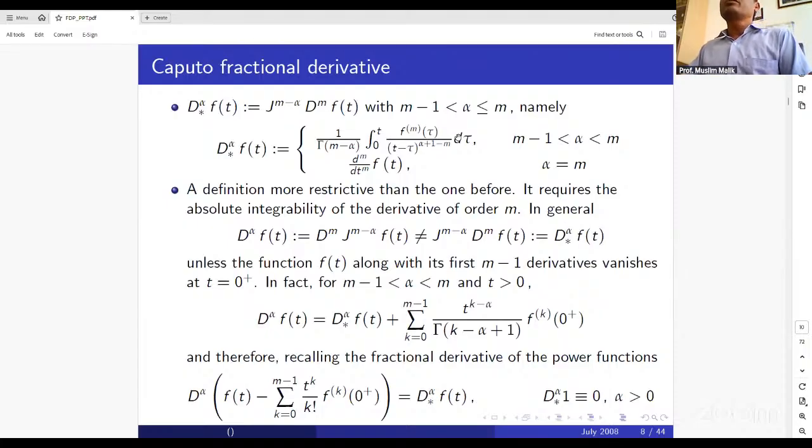So this Caputo derivative has some disadvantage over the Riemann-Liouville fractional derivative. The Riemann-Liouville derivative does not need the mth derivative of the function, but in the Caputo derivative we need this. So this is a restriction on the function in this definition. We even need this function to be absolutely integrable. That is one of the bad things about the Caputo derivative compared to the Riemann-Liouville derivative.